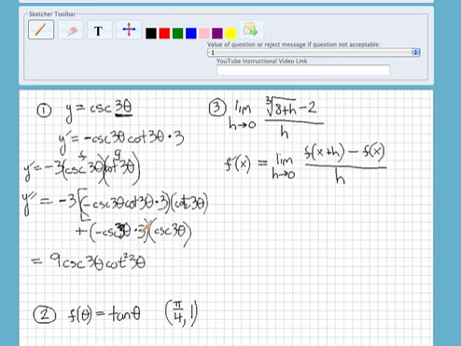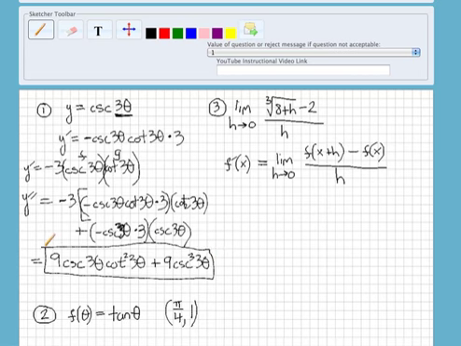Okay, and then we're going to distribute that negative 3 into here too, so we'll also get plus 9, because there's a negative times a negative, and 3 times 3 is 9, and then that'll be cosecant cubed of 3 theta. Alrighty, so there is our answer for that one.